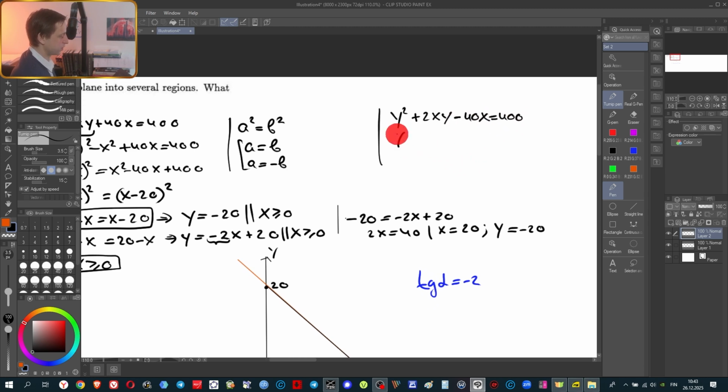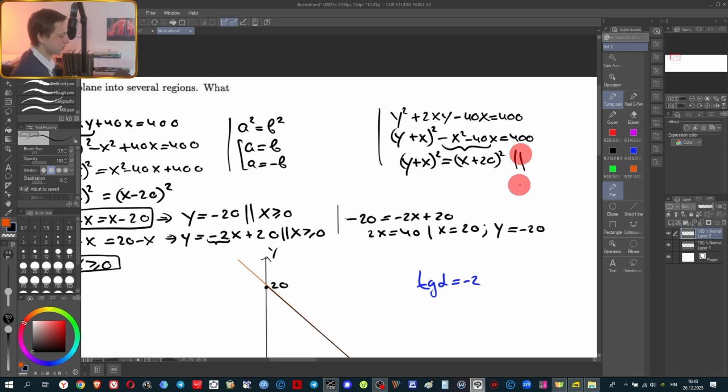And again you separate the perfect square: y plus x squared, minus x squared minus 40x equals 400. When you bring this expression to the right side, it turns out to be y plus x squared equals x plus 20 squared.